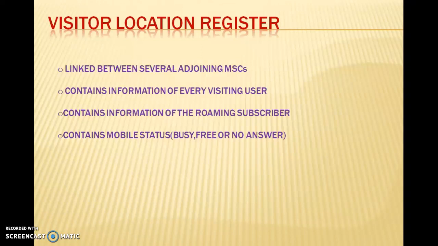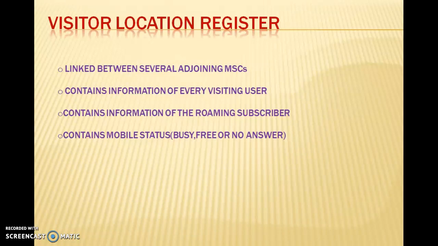It is a link between several adjoining MSCs, because the visitor location register, VLR, of one MSC sends the information to the MSC that is the user's home location. So it is linked between several adjoining MSCs.